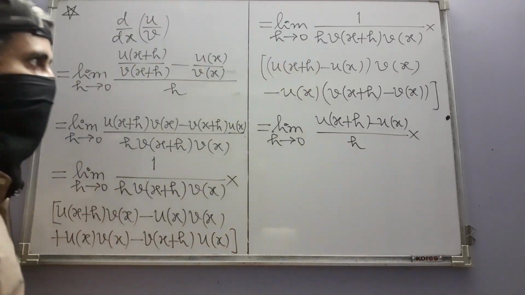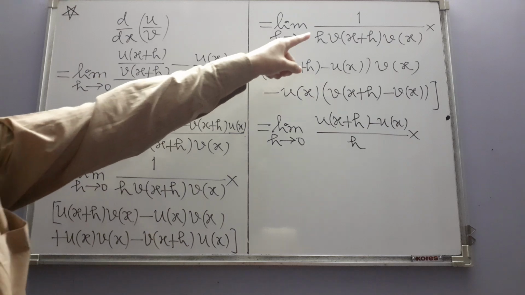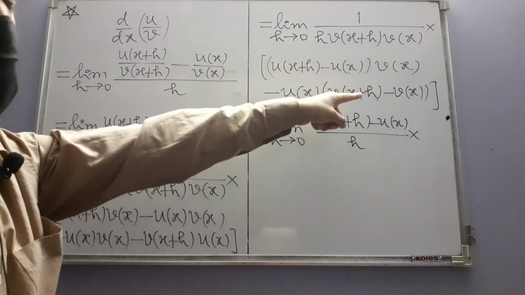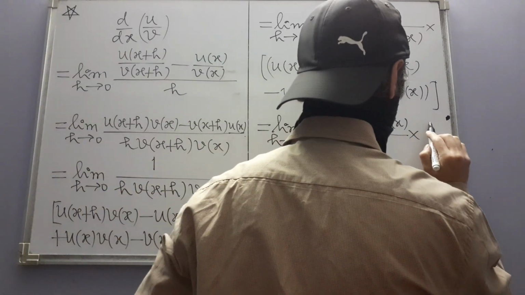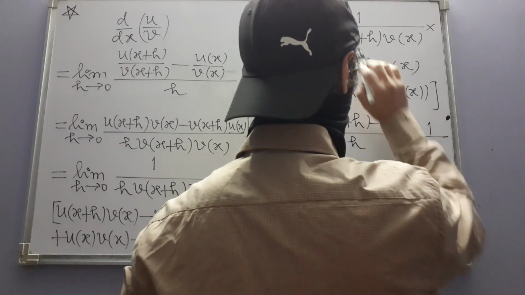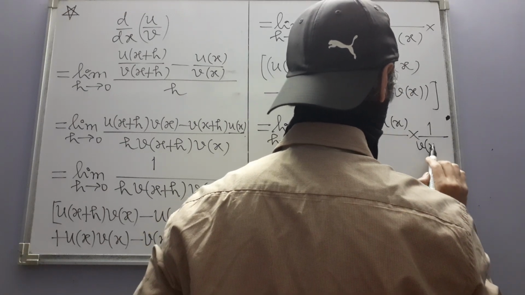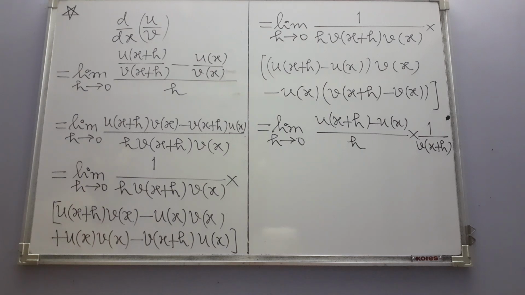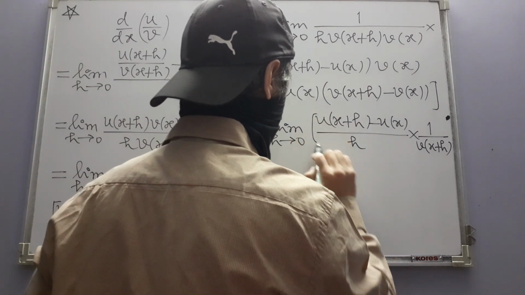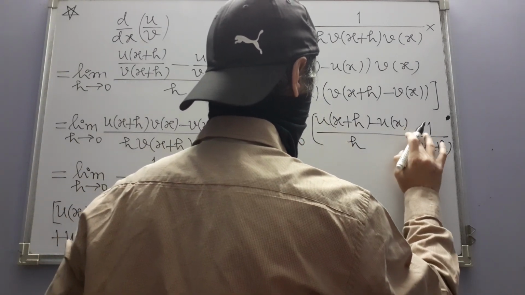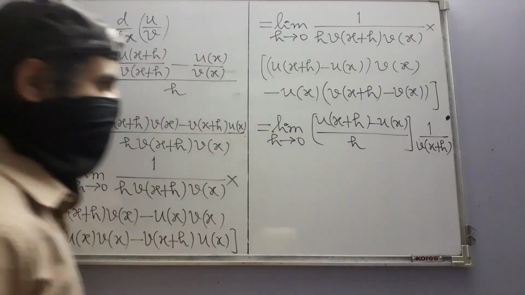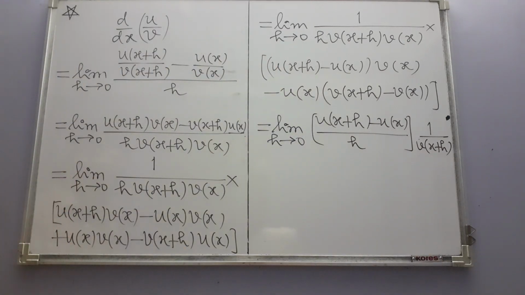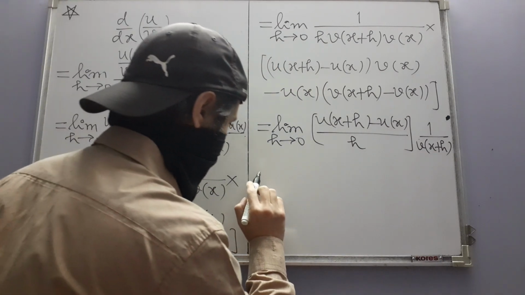And with that, I write that other term which survives, which is 1 over v of x plus h. All right. So that's the first term. Then minus.